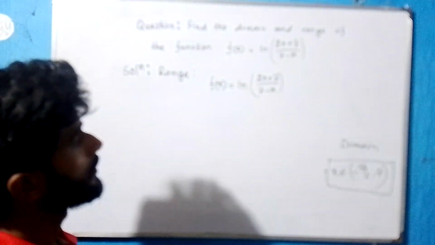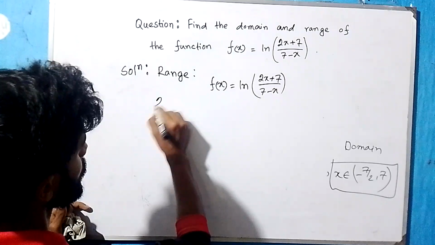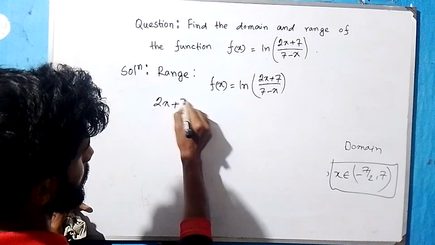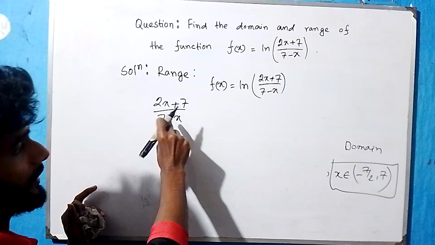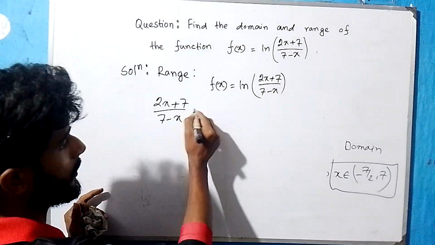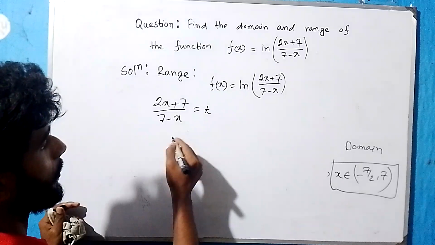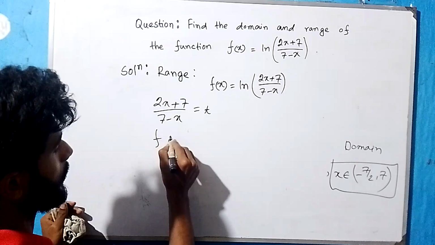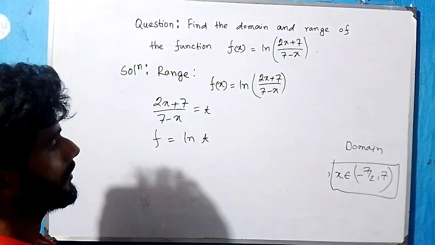So if I set this, twice x plus 7 by 7 minus x, that is, if I set this input equal to t, then our function f will be ln of t, right?